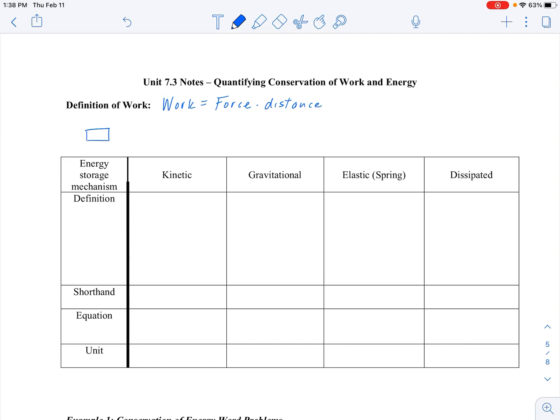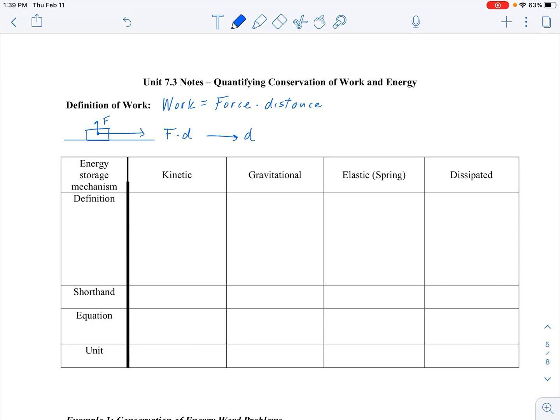If I have an object sitting on a table and I want to drag the object, I want to do force times distance, and I want my distance to be to the right, then it is possible to exert a force up on the object that doesn't move the object at all.